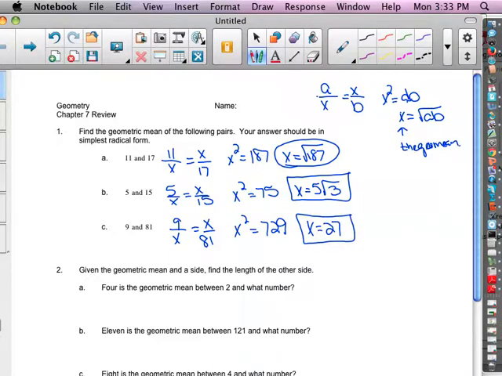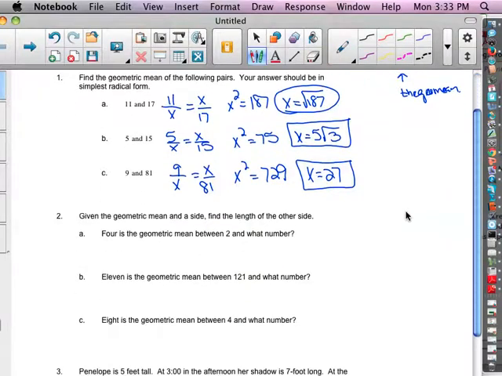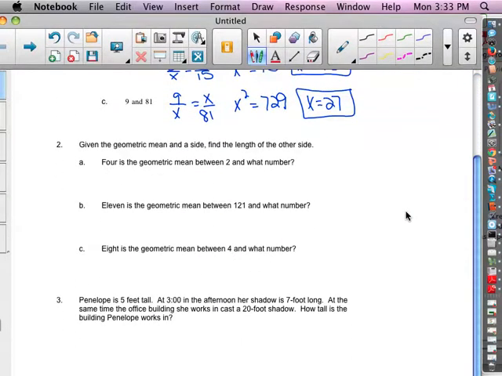The next one, 2, changes it up just a bit and says that you are given the geometric mean and you need to find the length of the side. So in this case, we're going to use the same setup. x is the geometric mean, but we know that 4 is the geometric mean between 2 and some number, we can call that b.